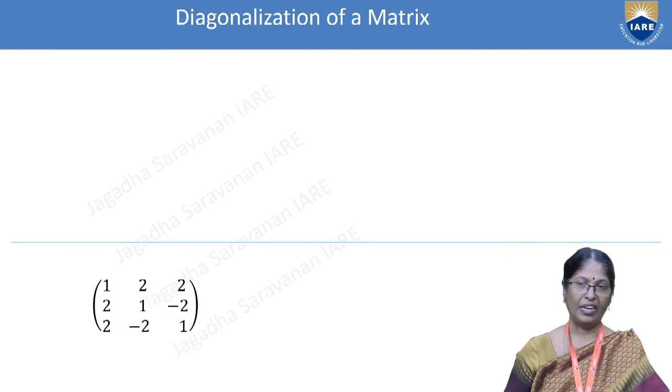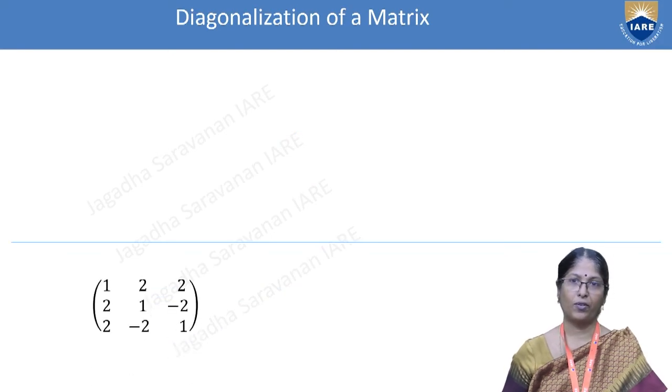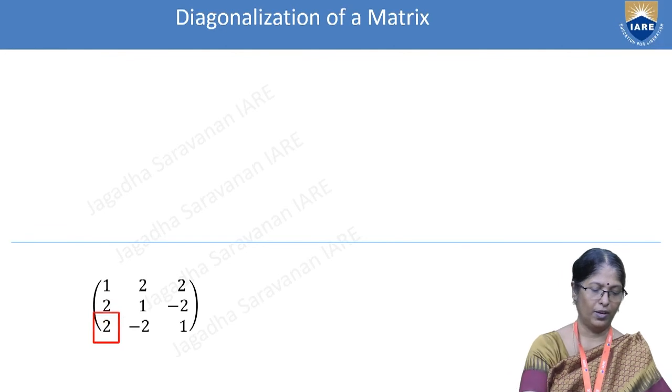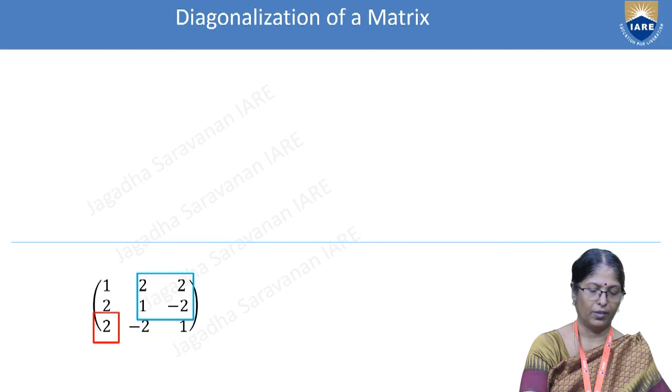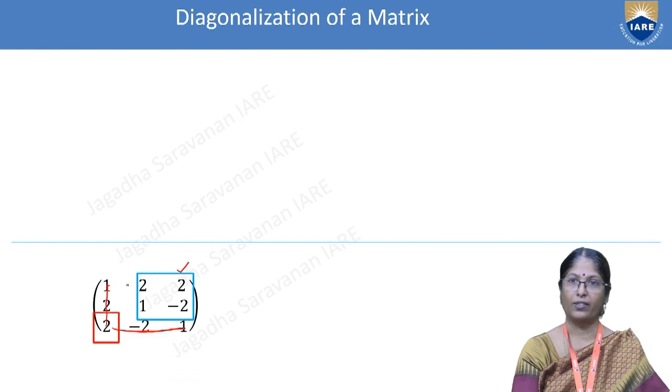So now we are going to concentrate on the last row. We completed R1, R2, and the last one is R3. So here 2, this particular row is cancelled, and the particular column is cancelled.